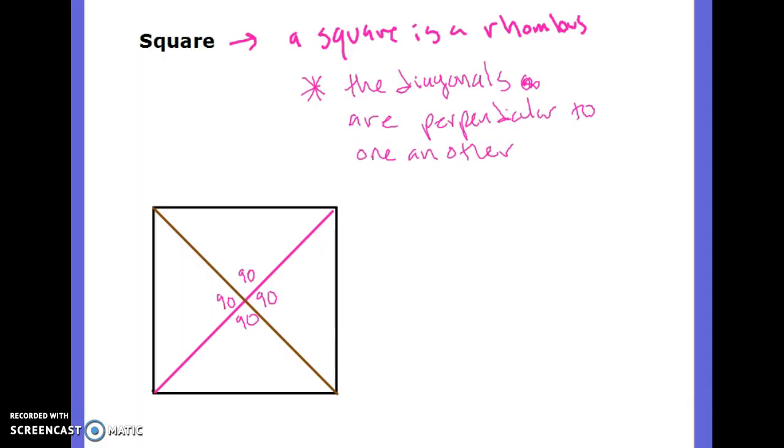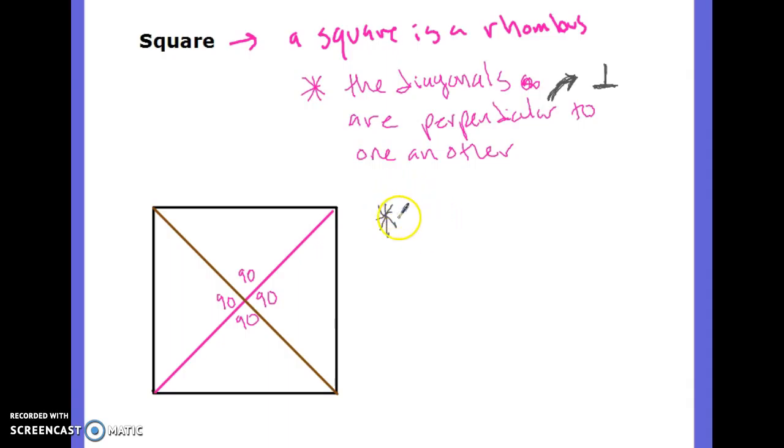Remember another way of writing down perpendicular beyond writing out the word is the upside down T. So if you see the upside down T, remember that also means perpendicular. That is one of the properties of the rhombus strictly because it is a square.